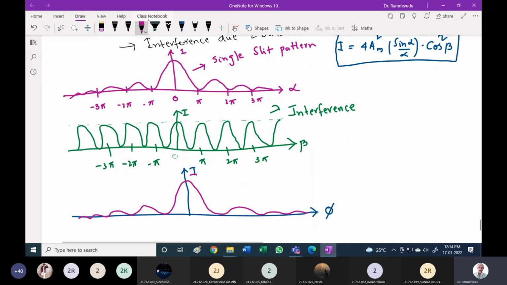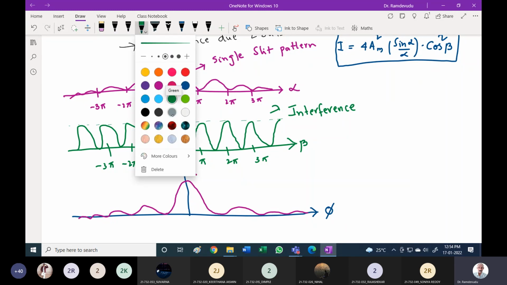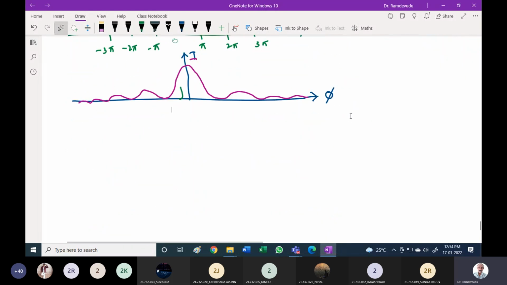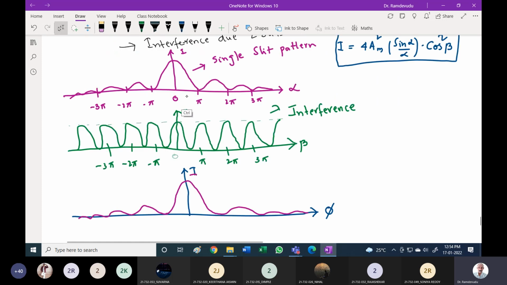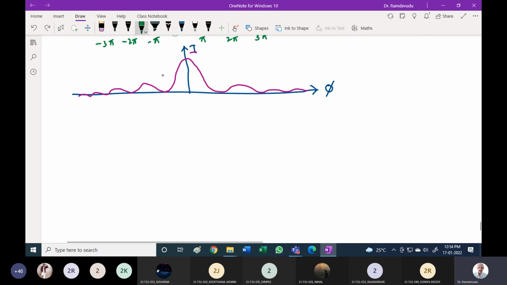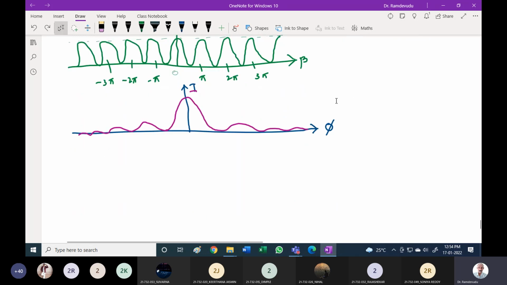But what happened to this? We have to see it. Therefore, the interference pattern will be within this envelope. Within this envelope means the interference pattern tries to go up and up. To get this, I have to see the superposition. The interference pattern goes to maximum and comes down, and it tries to rise up, but the diffraction pattern suppresses it.